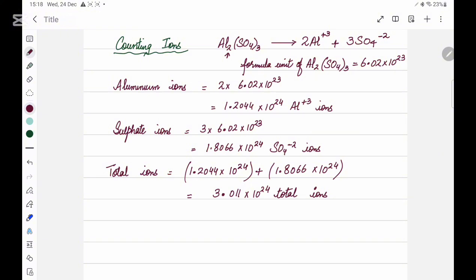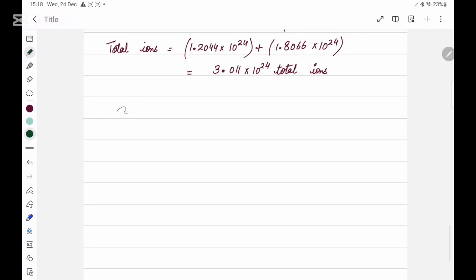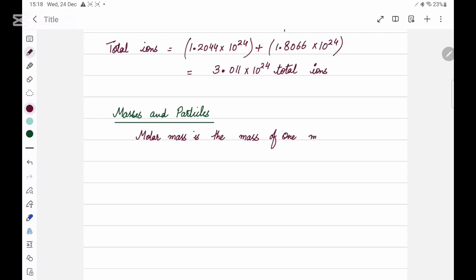Now let's move towards our next topic, which is masses and particles. If we are talking about masses and particles, first we need to find out what molar mass basically is. Molar mass is the mass of 1 mole of a substance.